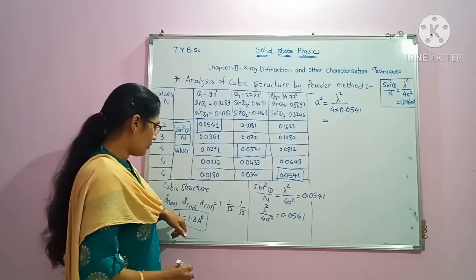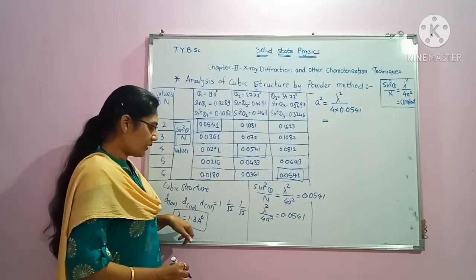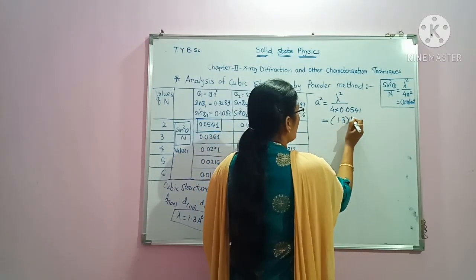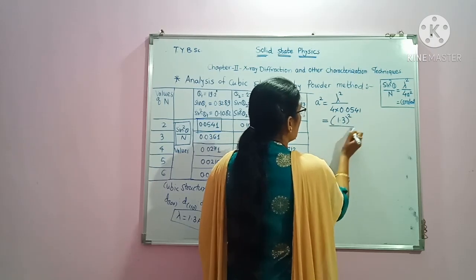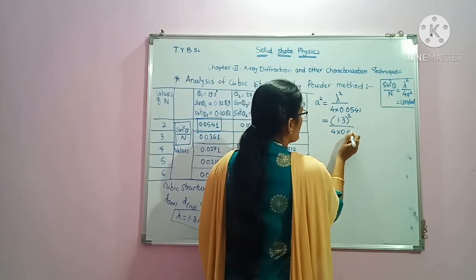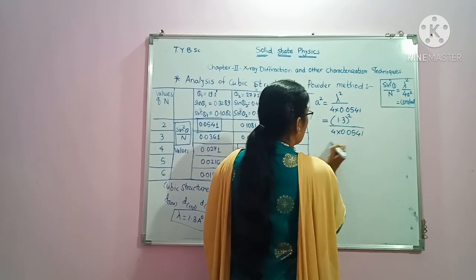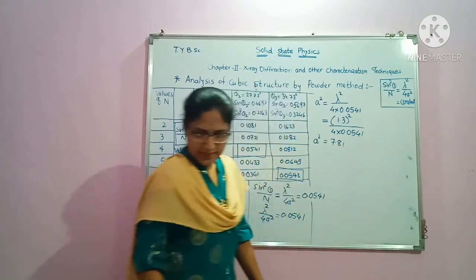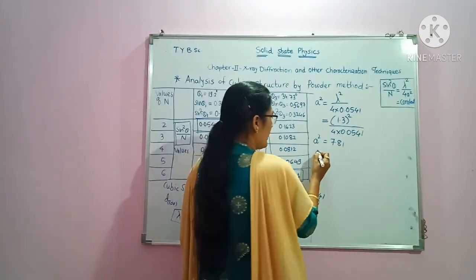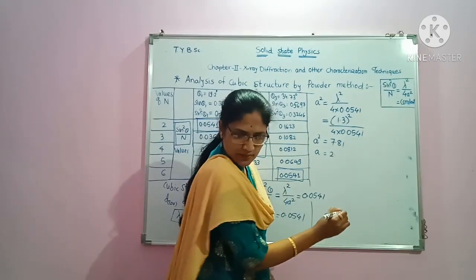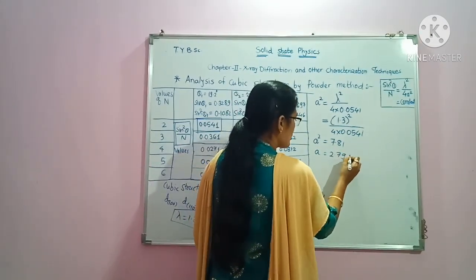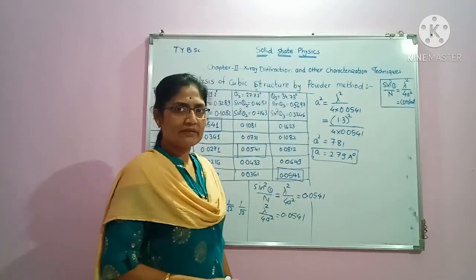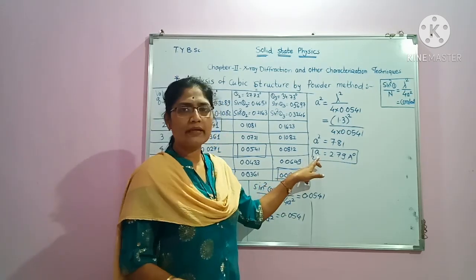We have taken the value of the monochromatic X-ray beam as 1.3 angstrom, and hence we will substitute it here: 1.3 angstrom square divided by 4 into 0.0541, and it gives us a square value as 7.81 and a value as 2.79 angstrom.